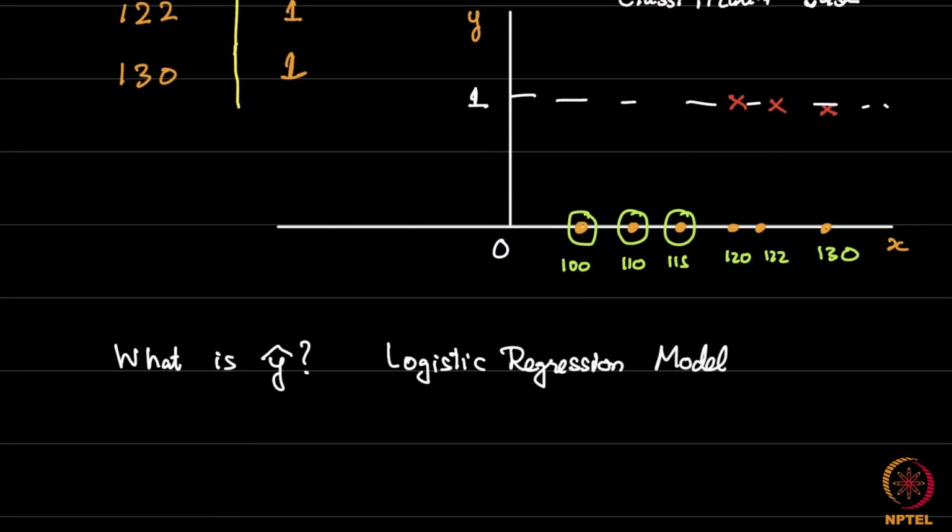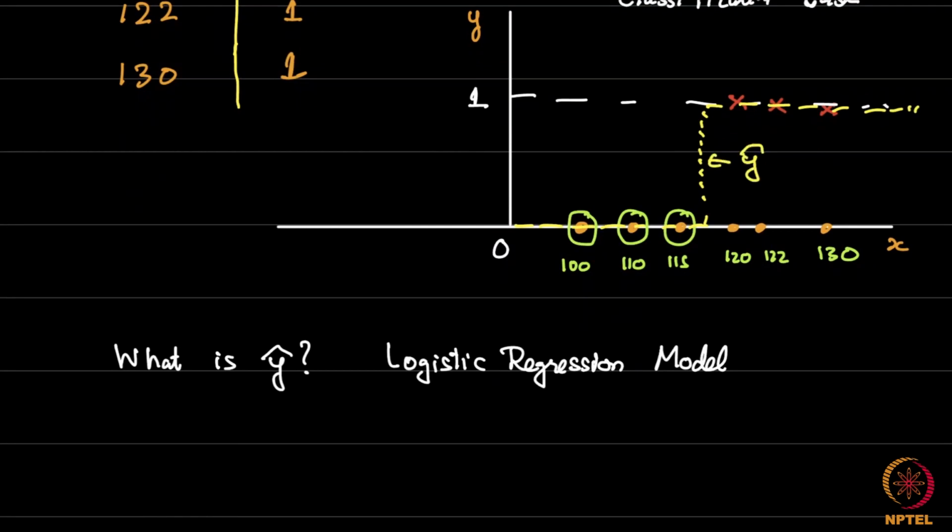How should I fit? So the question really is, how should I fit some curve here which will fit these data points? So now the simplest solution, so let me just draw a solution, for example, is something of this sort. So this could be a Y hat.